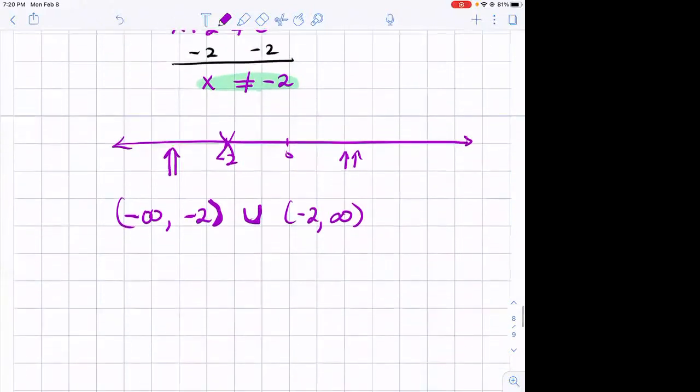So the domain of this function is minus infinity to negative 2, union with negative 2 to infinity. Although you're seeing negative 2 here, remember there's a parenthesis, so negative 2 is not really part of it. Very, very close to negative 2, but not exactly negative 2. So keep in mind what the domain is.